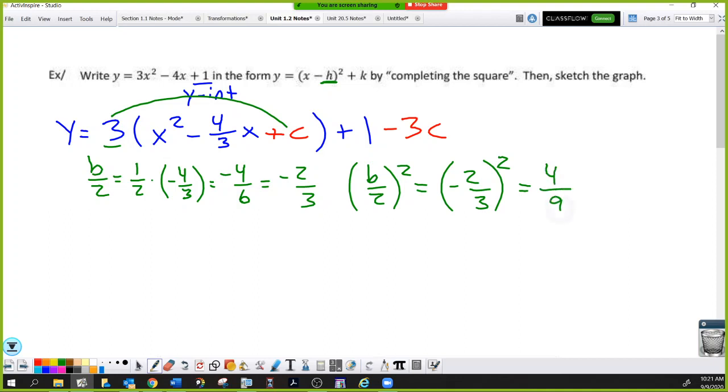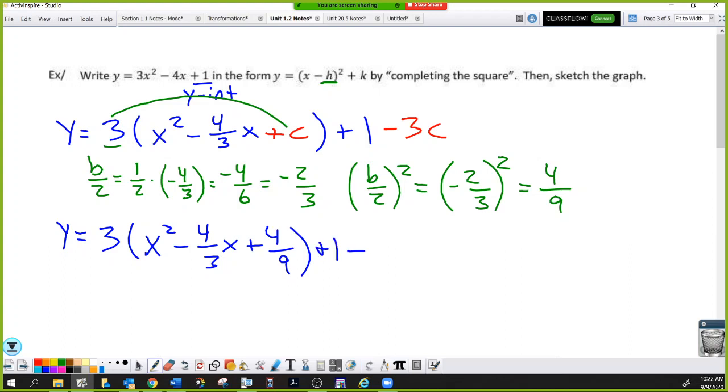Gives you +4/9. Ew. That is not fun. Yeah, no, it's not always pleasant, to be real with you. And minus this 3 times 4/9. Yeah, no, it's not pretty, but it works.